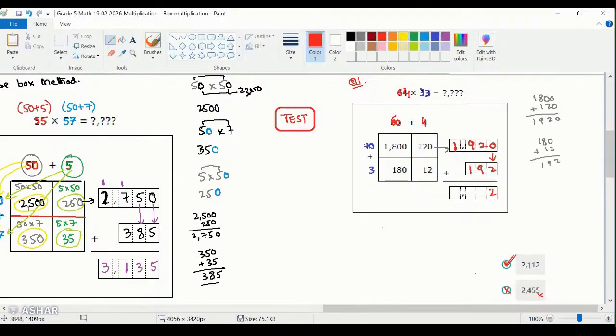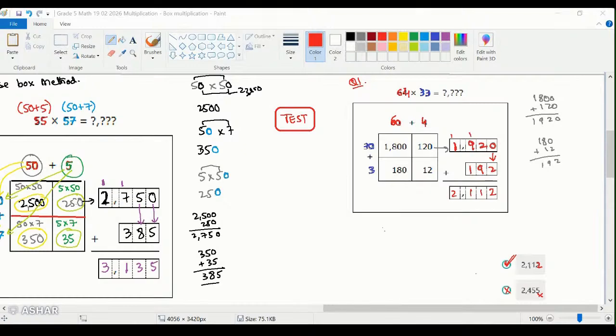The number ending with the 2 will be your answer. Agreed? Perfect. Thank you. Option A was your answer. Yes, that was a typing error. 2112 is the final answer.